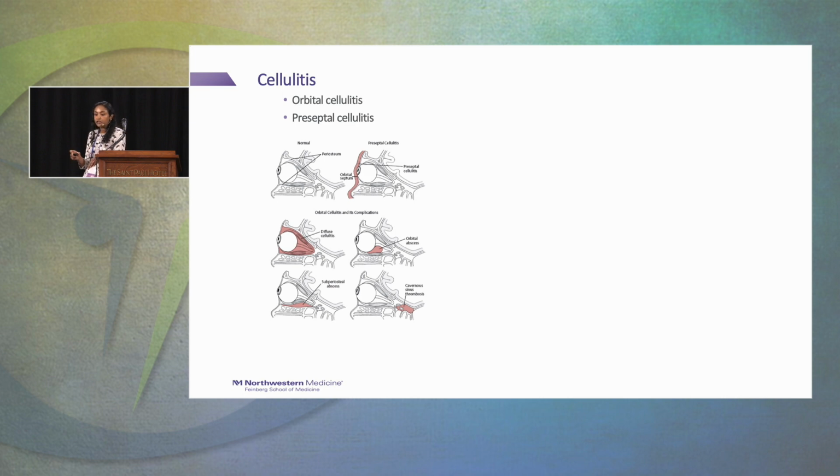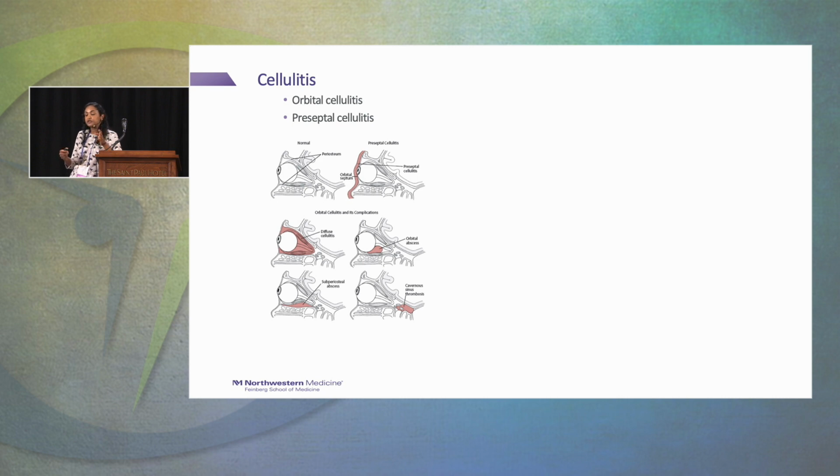Again, we all know our infectious processes of the periocular and orbital structures, preseptal cellulitis being anterior to the septum and less vision threatening. And then of course there's intraorbital abscess, most classically a subperiosteal abscess, because orbital infections most often come from the surrounding sinuses and cause that dome-shaped abscess under the periosteum.